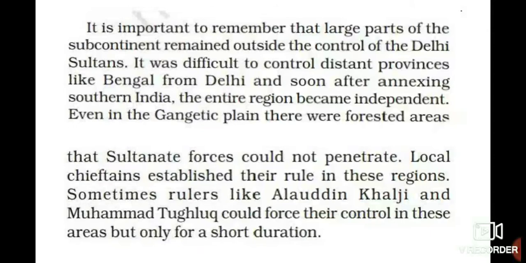It is important to remember that a large part of the subcontinent remained outside the control of the Delhi Sultans. It was difficult to control distinct provinces like Bengal from Delhi, and soon after annexing southern India, the entire region became independent. Even in the Gangetic plain, there were forest areas that Sultan forces could not penetrate.